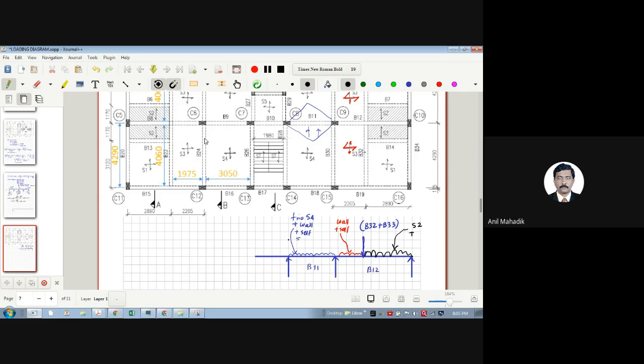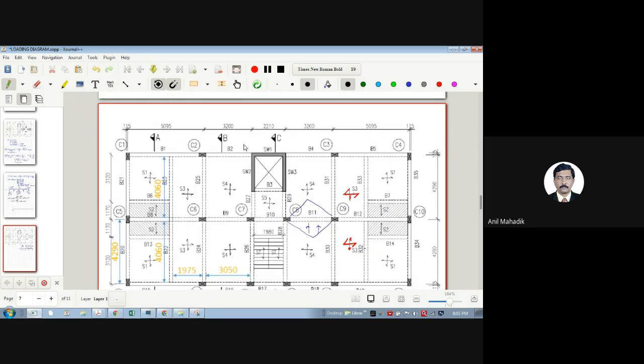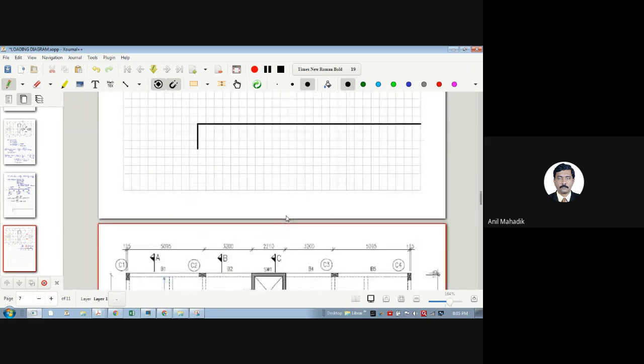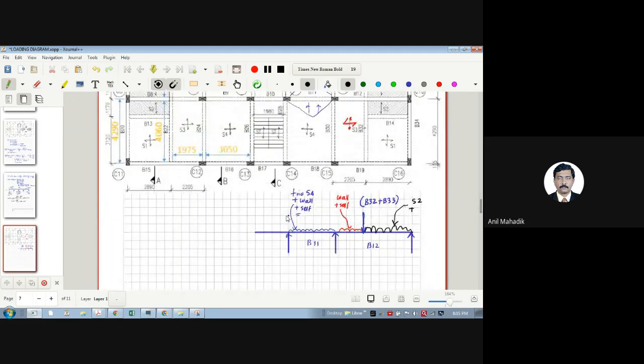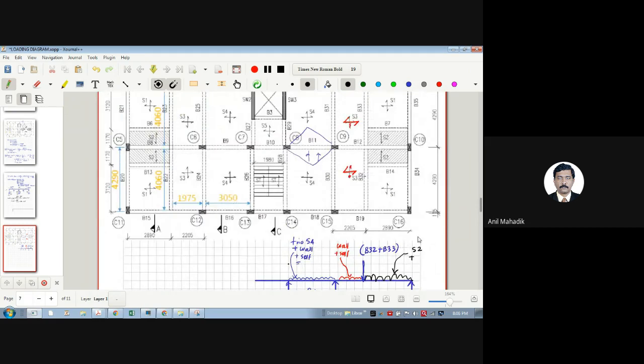You know how to calculate the sunk loads. We have calculated that above, so you can use that value of sunk loads. So there will be S2, then wall load, and then self weight of beam.